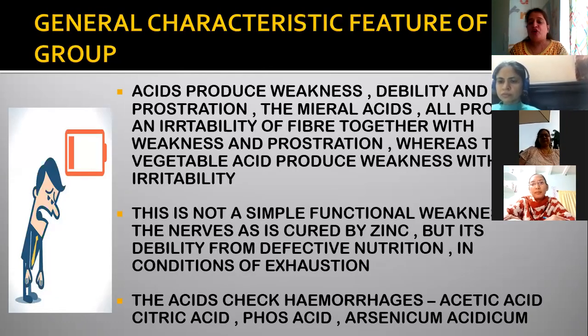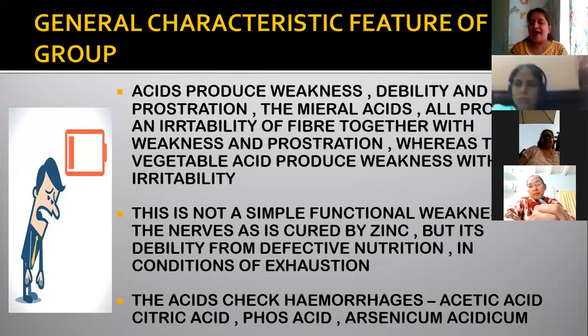Then acids produce weakness, debility, and prostration. The mineral acids produce irritability of the fiber together with weakness and prostration. It is not the simple weakness. It is extreme prostration, extreme debility. Vegetable acids produce weakness with irritability.